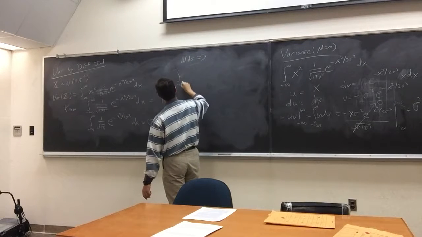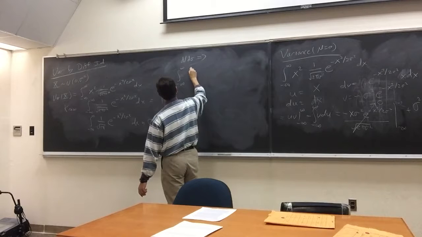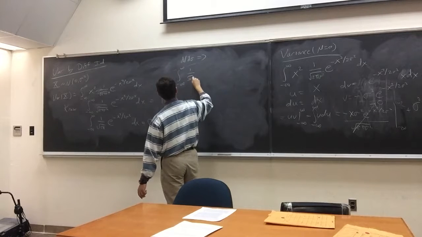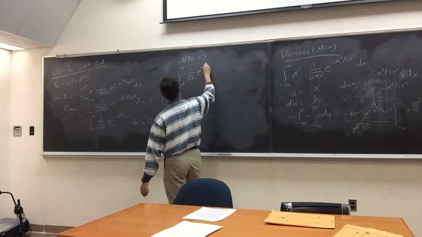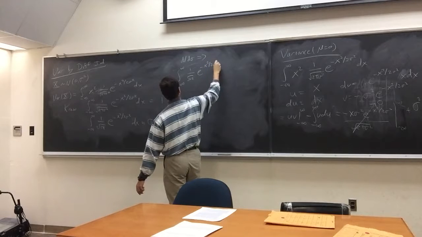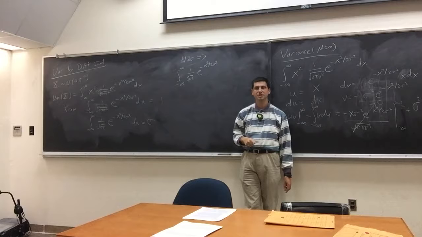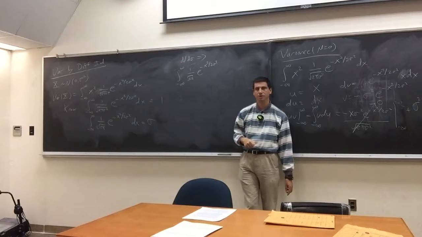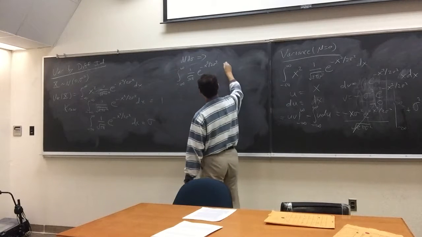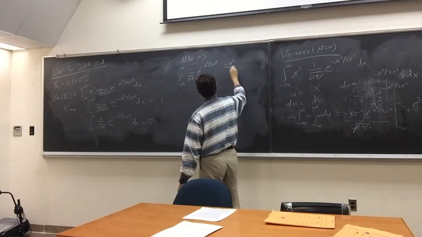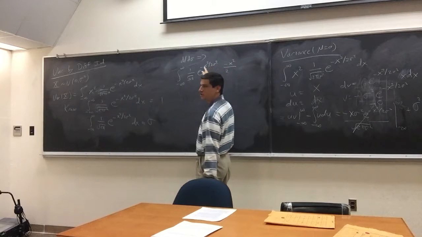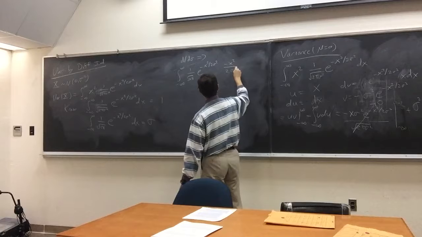On this side, we'll get the integral from minus infinity to infinity of 1 over square root of 2 pi e to the negative x squared over 2 sigma squared. And now when we take the derivative of that, we're taking the derivative with respect to sigma. So what comes out? It'll be negative x squared over 2, where the sigma to the minus 2 becomes a sigma to the minus 3.